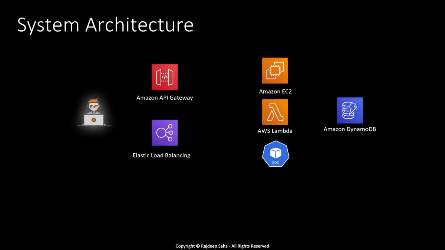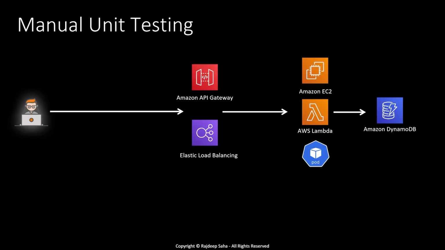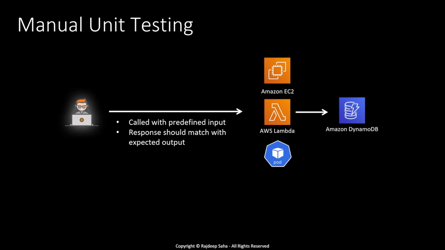So a typical system architecture will look like this. So when it comes to manual unit testing, the tester will basically call this application with predefined input, and then the responses should match with expected output. So generally for unit testing, the tester will directly call the EC2 or the Lambda code or the code running in Kubernetes.